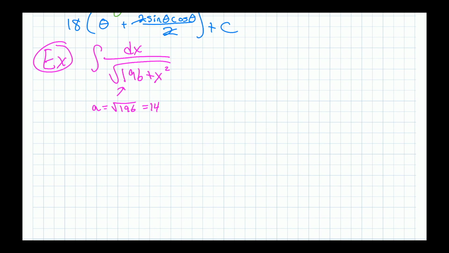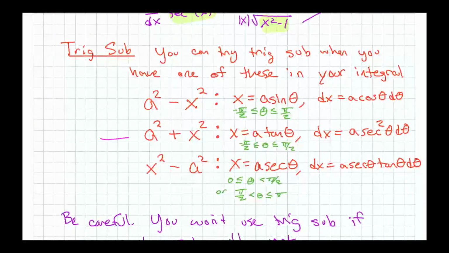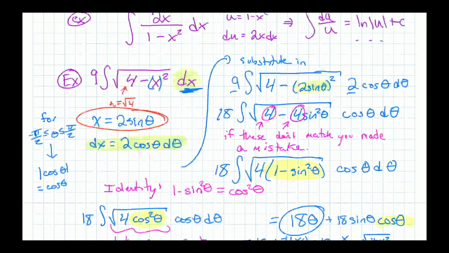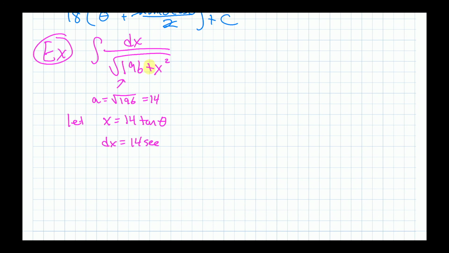Now we have a plus sign here, and if you look at your possible substitutions, the one with the plus sign is a tangent. So x should be a tangent theta. Your substitution is let x equal a, which is 14, tangent theta. That makes your dx 14 secant squared theta d theta.